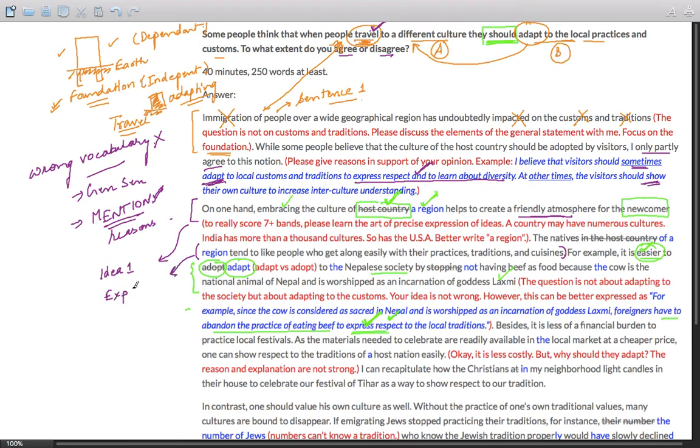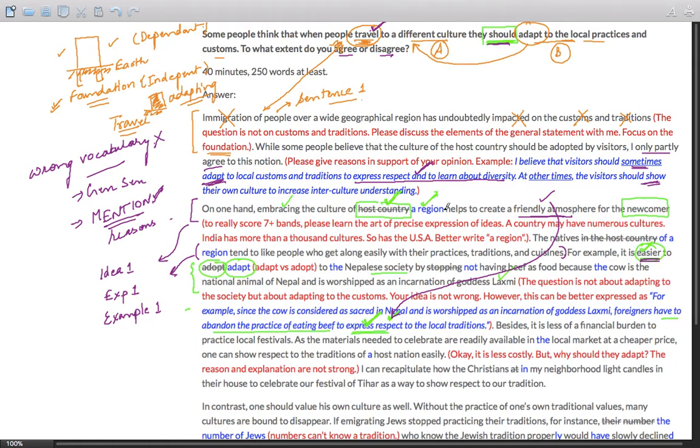Just a bit of a problem in example. Example should have been more focused on why should they adapt. So the friendly atmosphere was mentioned over here. So the friendly atmosphere should have been carried over here instead of writing about it is easier to adapt. So it should have been more of a friendly atmosphere to express respect rather than making things easy.